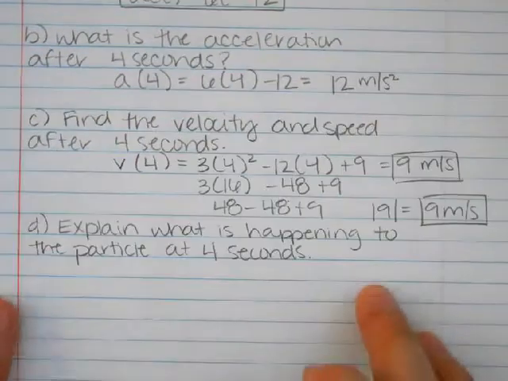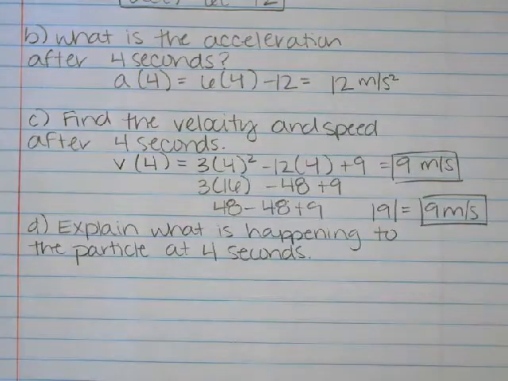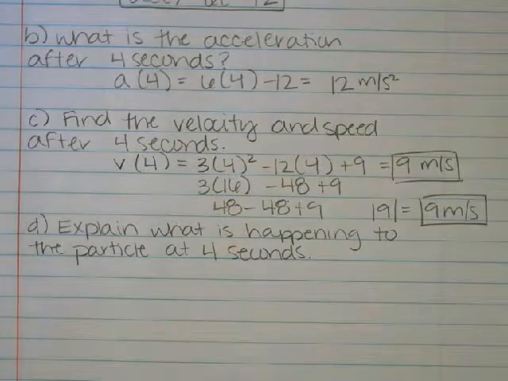So explain what is happening to the particle at 4 seconds. The particle is traveling 9 meters per second, and it is increasing speed at a rate of 12 meters per second squared. So we're going to say that the particle is speeding up because the position is increasing at an increasing rate.